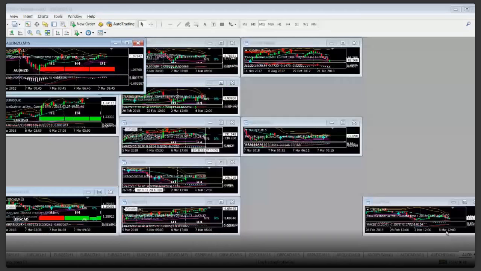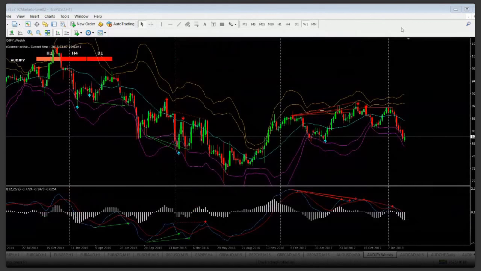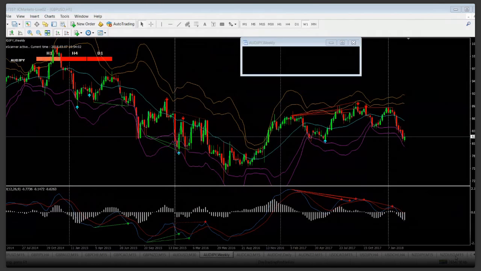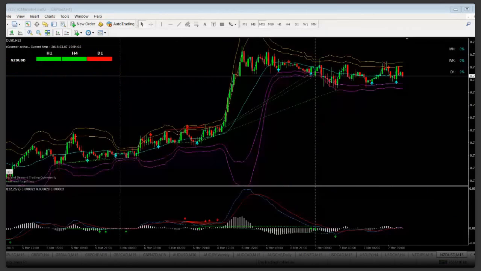So we're in 3 trades at the minute. A sell trade in the British pound USD, a sell trade in the Aussie CAD, and a buy trade on the Kiwi dollar. It's about 2 pips out of money at the minute.